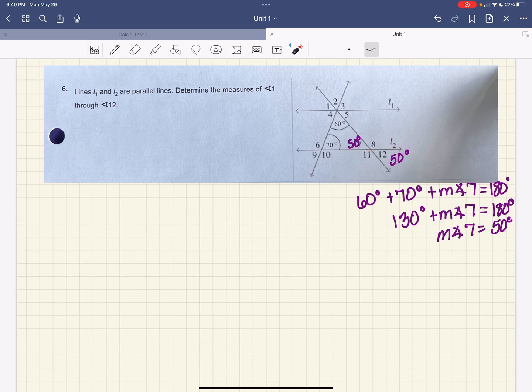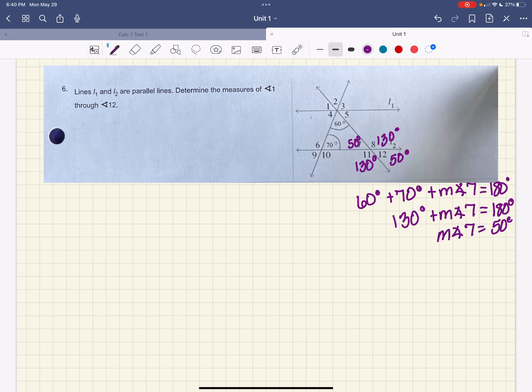So 50 degrees plus the measurement of angle 8 is going to be 180 degrees. When I subtract 50 degrees from that, I get 130 degrees. Vertical angles have the same measurement, and so that is 130 degrees.